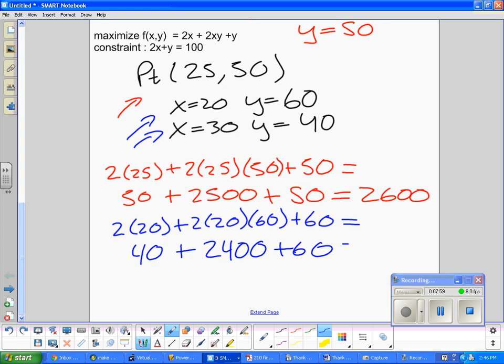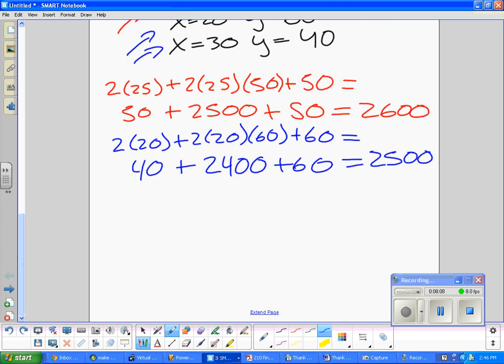You see we did get less, which is starting to indicate that this is a maximum. Our next one, we plug in 30: 2 times 30 plus 2 times 30 times 40 plus 40.